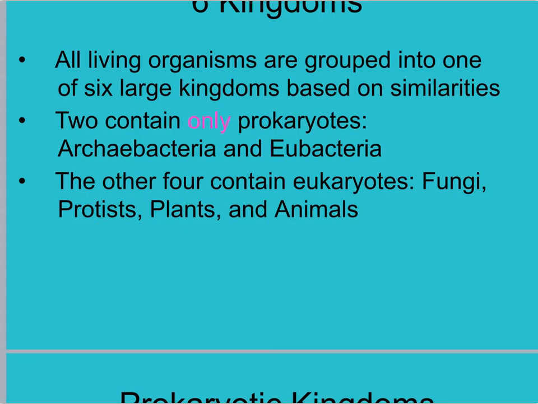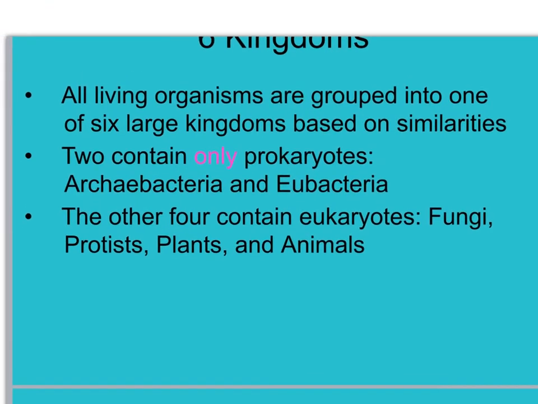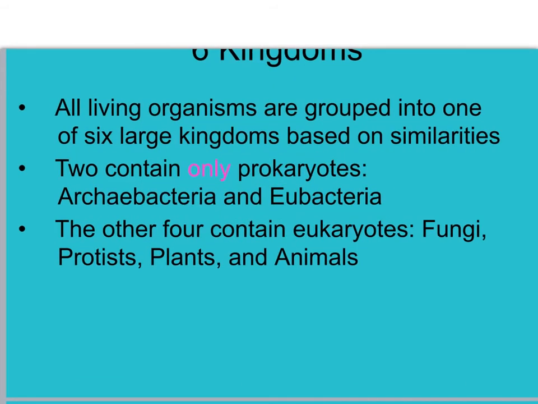So, that brings us to some kingdoms. So I wanted to introduce to you the six kingdoms, because we did talk about several of these as we were going through this section. So all living organisms, if you're a living organism, you have to be grouped into one of these 6 kingdoms. And they're grouped based on similarities. So 2 of the kingdoms are prokaryotic, and the other 4 are going to be eukaryotic.